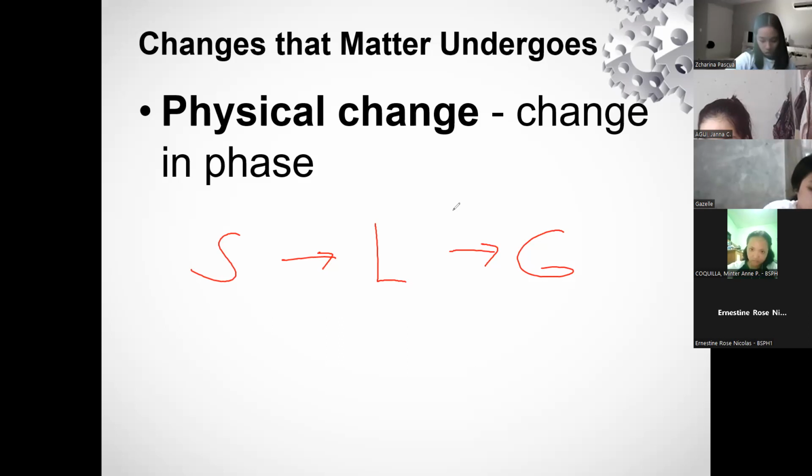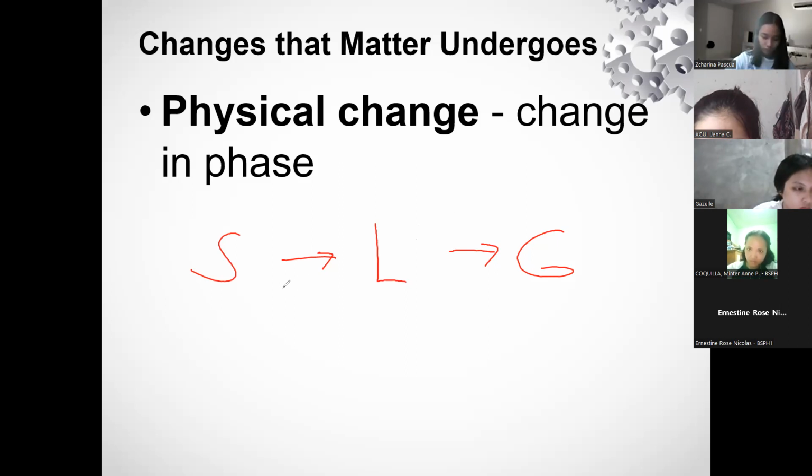And yung examples ng physical change. What do you call the process of turning solid into liquid? Solid to liquid.